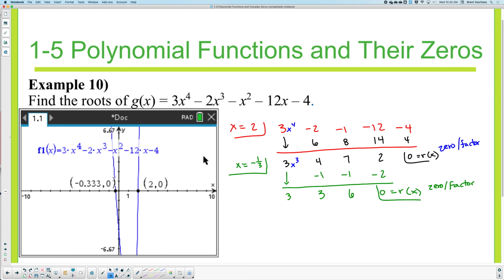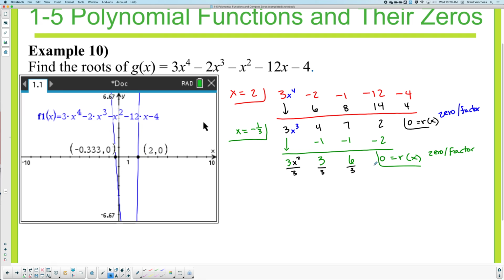Error fix. When we drop our power down, this becomes x squared, but we need to divide it by 3, because that 3 did not get divided, and you do these as well. By the way, if you did have a remainder, you would not touch the remainder with that. You would only do these numbers. So we now have x squared plus x plus 2.